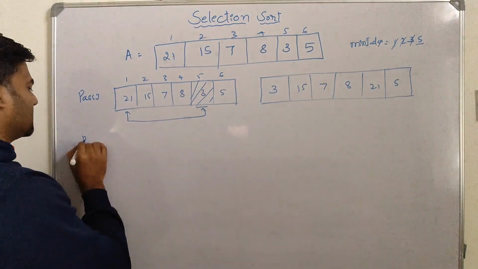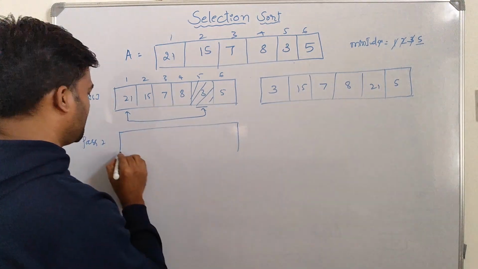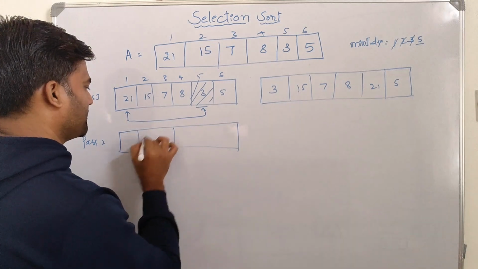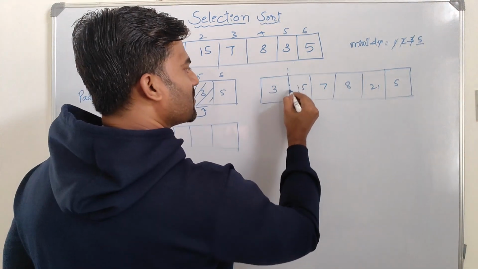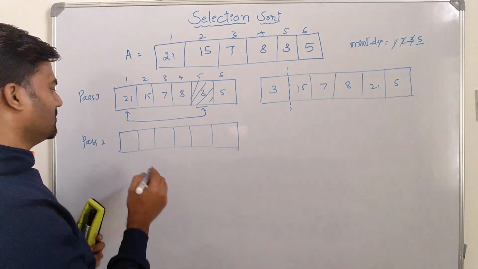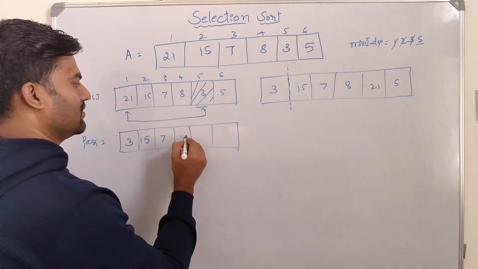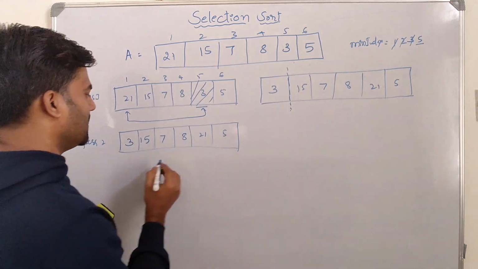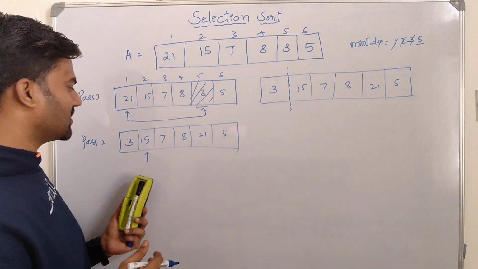Now I will consider the second pass. So now this much is sorted. If that is the case, I will keep the pointer at the next immediate unsorted element.